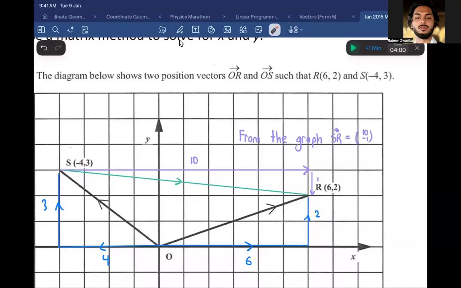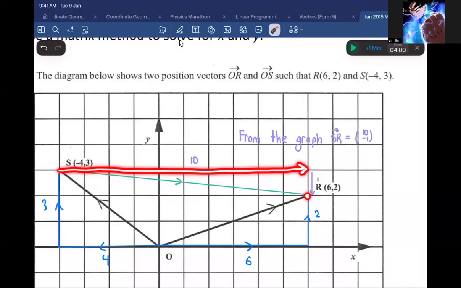And then you move vertically, either up or down. So Ivan, watch. If I want to go from S to R, I would need to move 10 blocks to the right. And then what next? If I want to reach R, where's my next step, Ivan? One down. Right. So 10 to the right means positive 10. And since I move one space down, I'll be negative 1. That's it. Understand it?